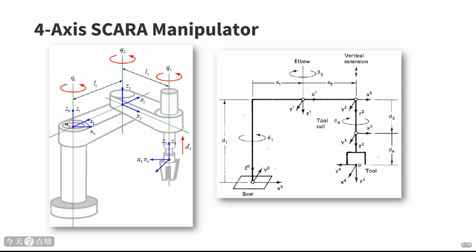This is crucial for applying the Denavit-Hartenberg convention, which we'll touch upon later. The goal is to find the position of the end effector P. Again, we use transformation matrices. For SCARA, we often consider the vertical motion as a prismatic joint, so we have a mix of rotations and translations. The complexity increases, but the fundamental principle remains: chain the transformations together.